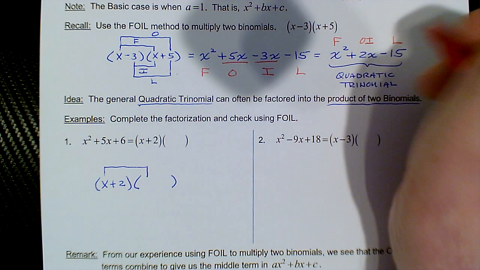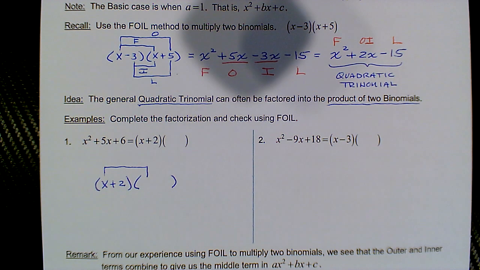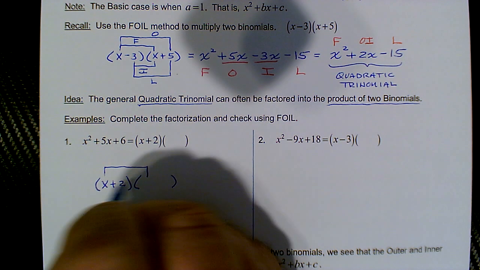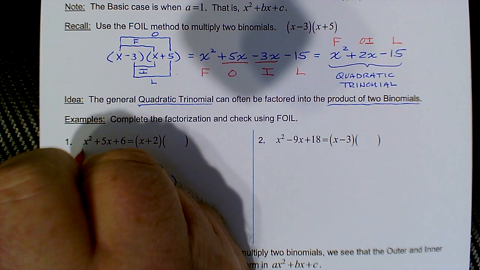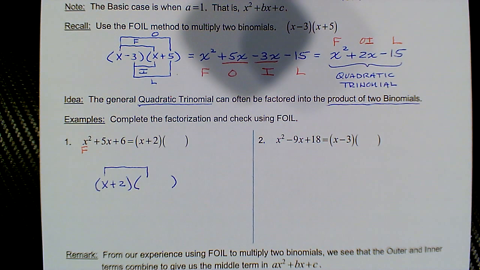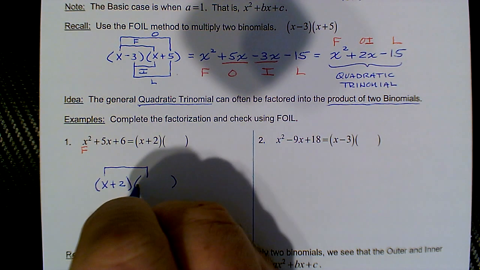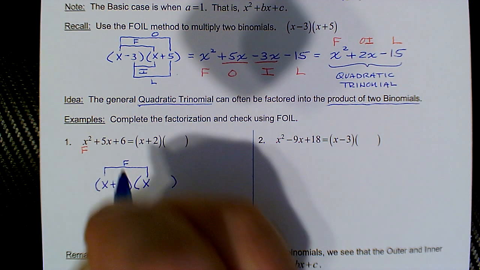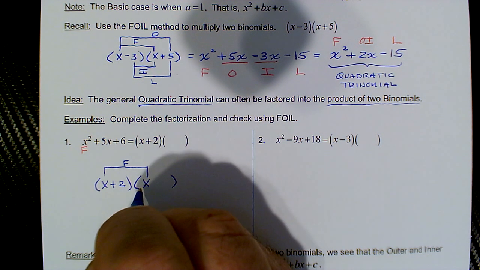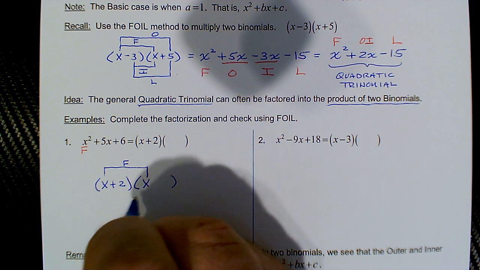So therefore, we can think of forcing the first to give us the x squared. And the only thing we could put in here would be an x, and that would be the product of the first.